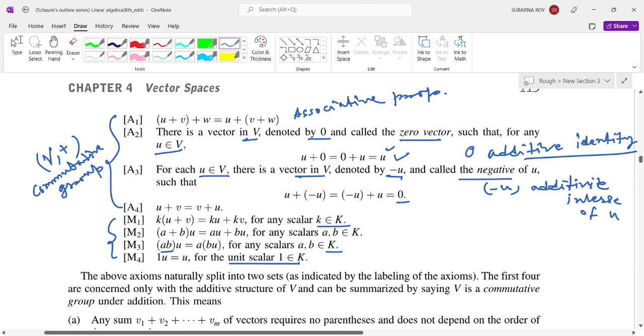So if these four properties are satisfied, then we call V a vector space.